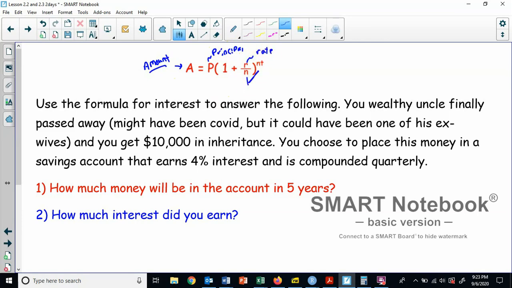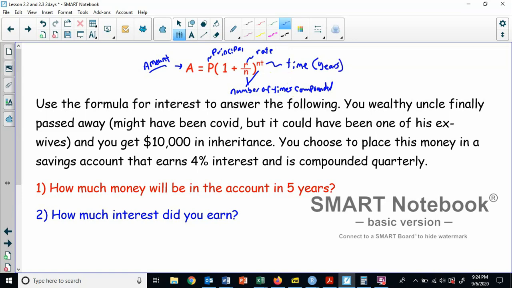N, notice N is in there twice, stands for number of times compounded. And T stands for time. We're going to do everything in this class in years. Okay. All right. So those are what those things mean.